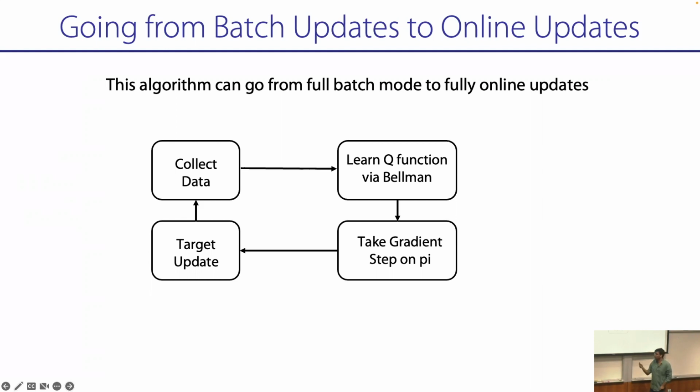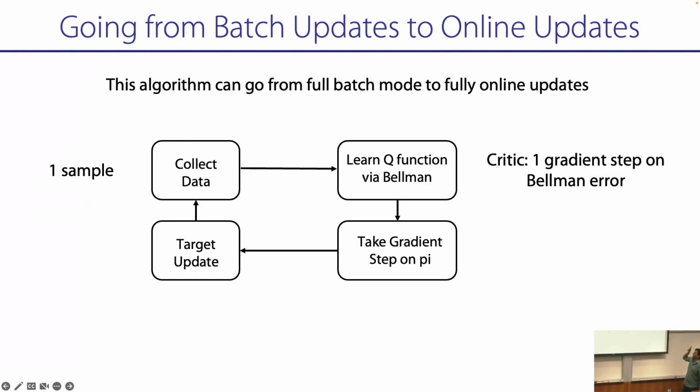Now you can do this by collecting a bunch of data first, then taking some gradient steps, and then collecting a bunch of data again. But what you'd often want to do in practice is take a sample, and then for every sample update your policy. It's more reactive. Your policy and your Q function change much more on the fly.